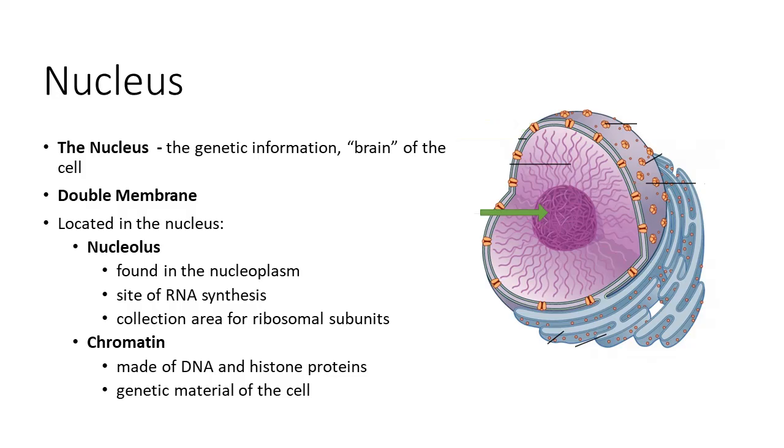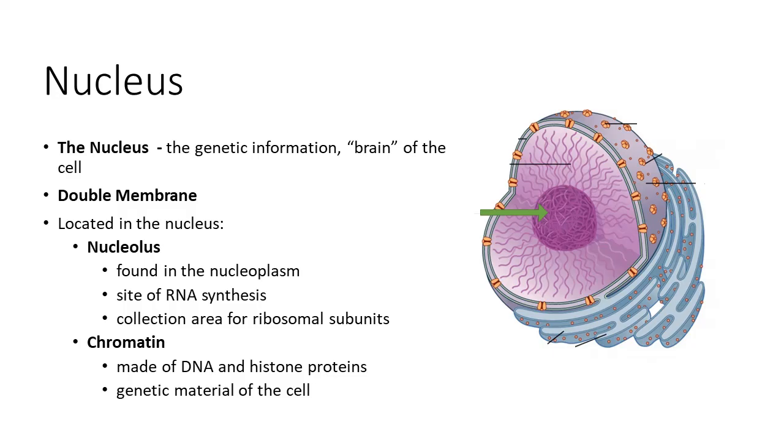And the nucleolus has the ability to synthesize RNA, okay? So that is where you're going to encode the ribosomal RNA. Then you're also going to find chromatin, okay? And chromatin is made up of DNA and histones.